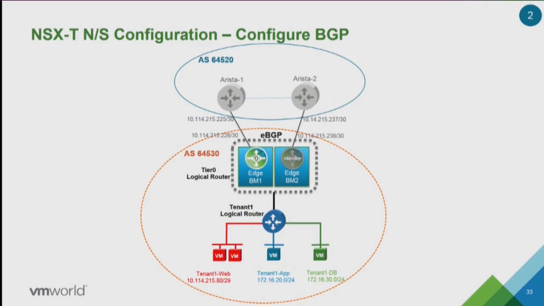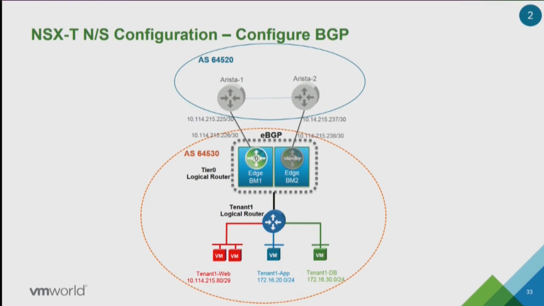So what I'm going to do is define uplink 1 on edge bare metal 1 and uplink 2 on edge bare metal 2. Now, I have different deployment options when I tie tier 0 routers to edge nodes. I can either select active standby or active-active, just like we saw in NSX-V. So we have both those models available, and in this demo, we are going to configure them in active standby.